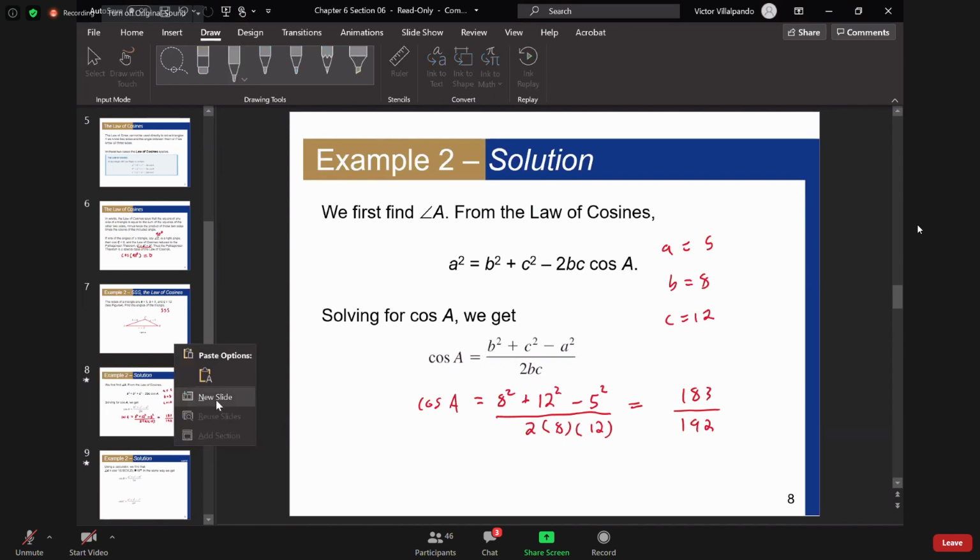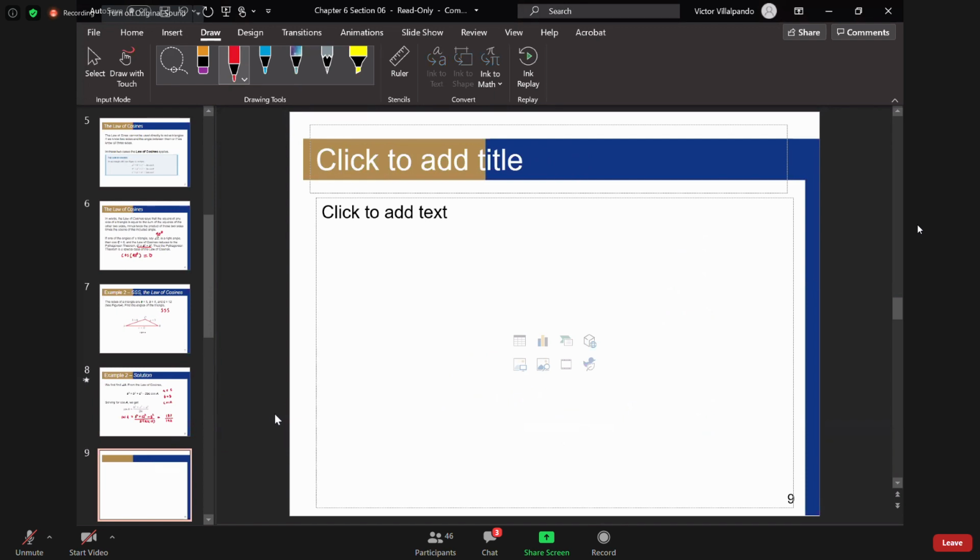So then we have cosine of A equals 183 over 192. To find the angle A, remember we use cosine inverse or sine inverse, depending on what we're working with.